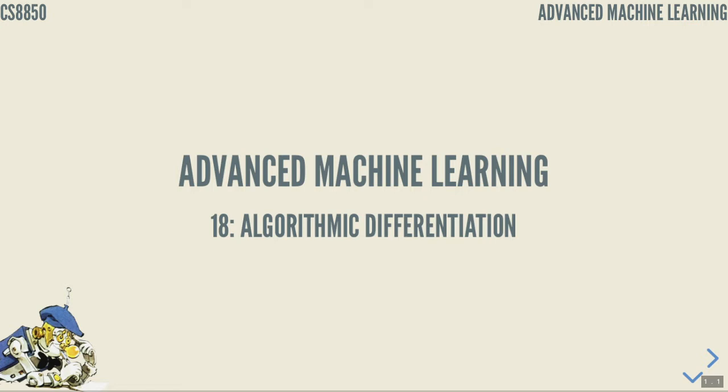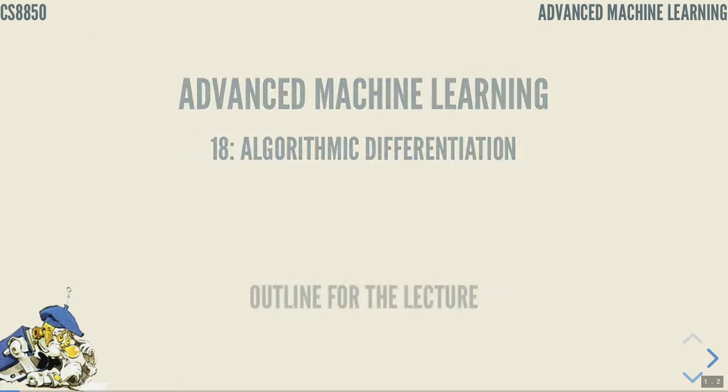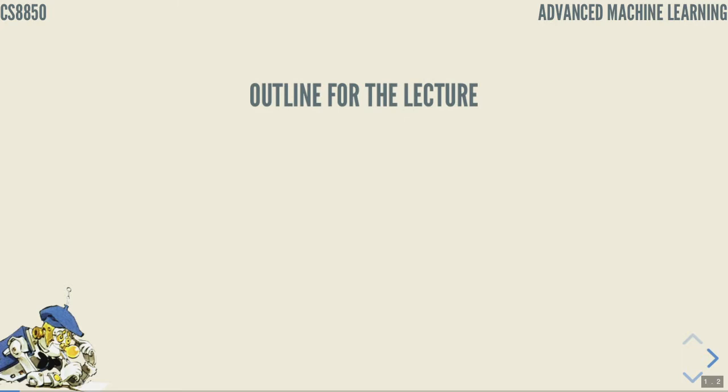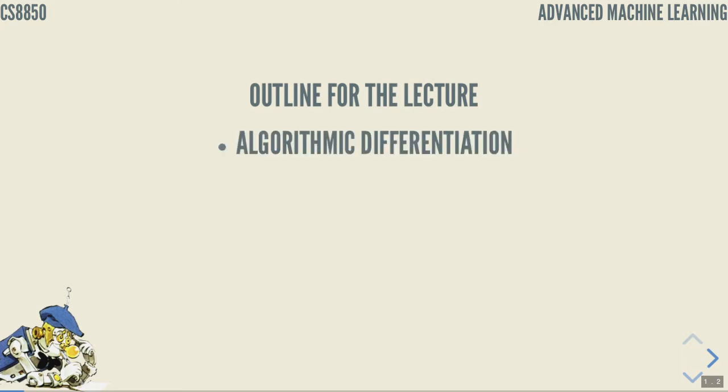Okay, let's see what I am talking about. Let's see what we'll learn in this lecture today. Algorithmic differentiation: I will give you some overview and history, and then we'll talk about forward mode algorithmic differentiation.